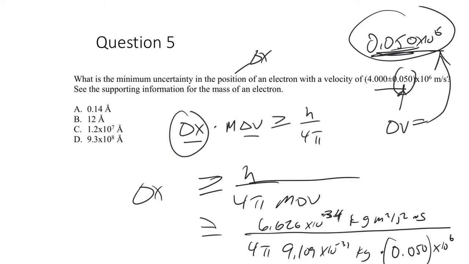So 6.626 e to the minus 34 divided by 4 times pi times 9.109 e to the minus 31 times 0.05 e to the 6.